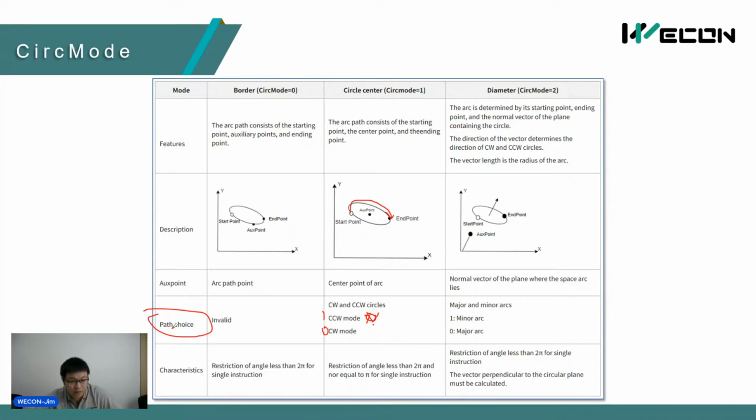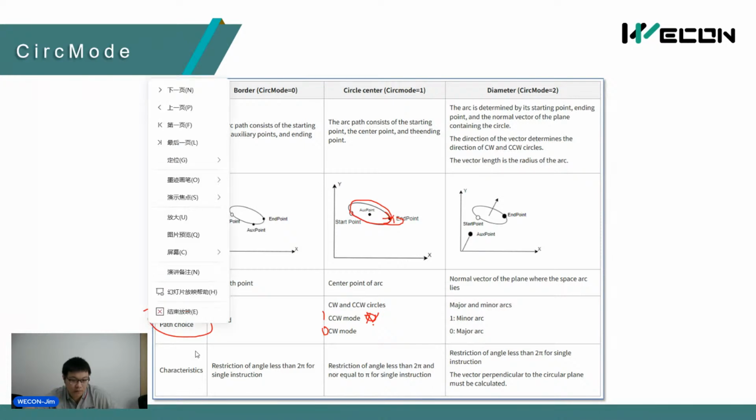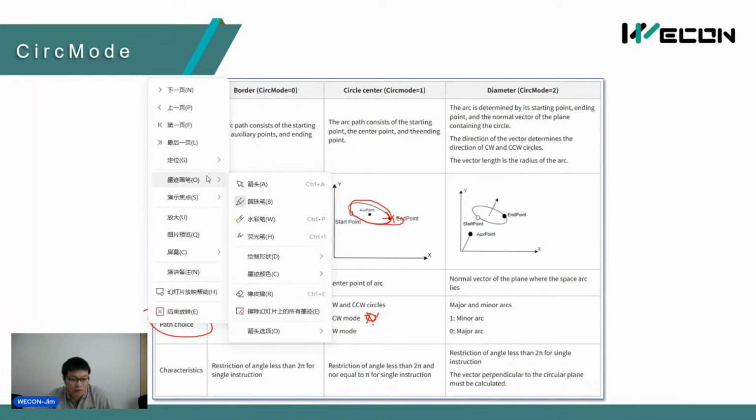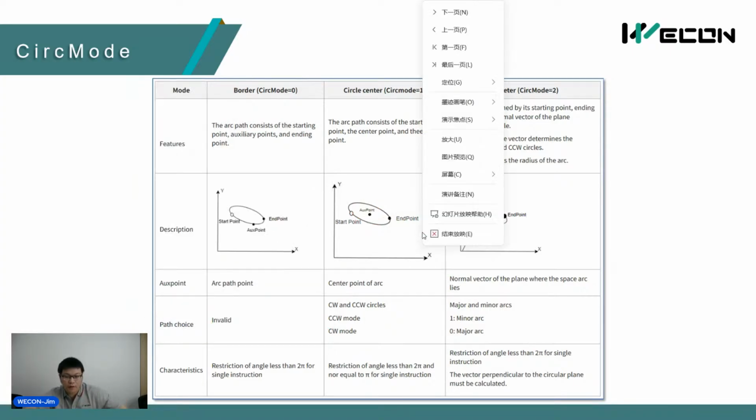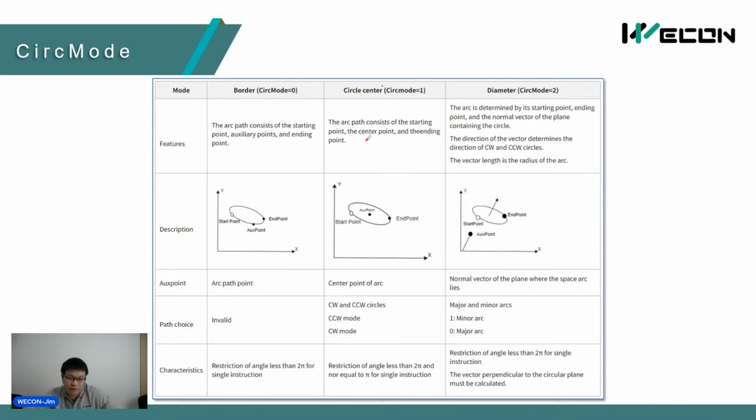If this path choose is 1, then the curve will be this one, a different direction. Yes, this is the second mode to define the curve.